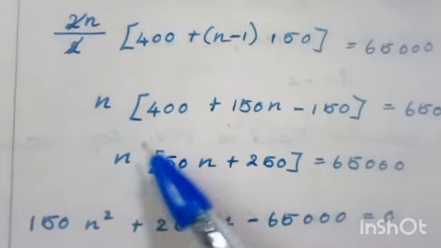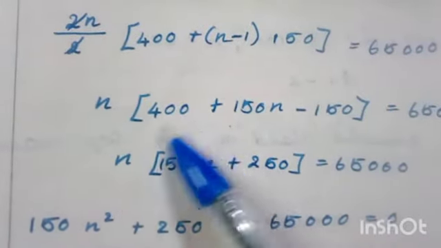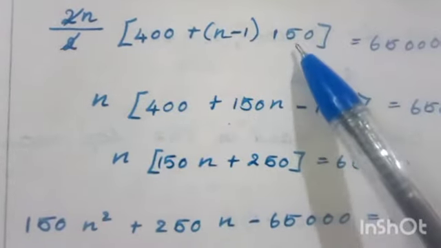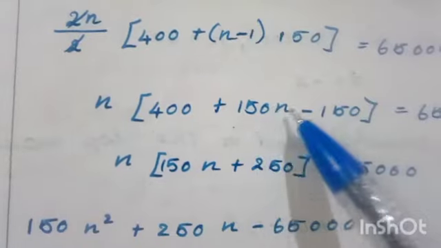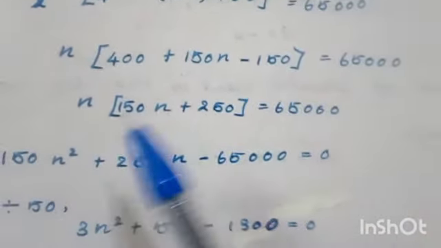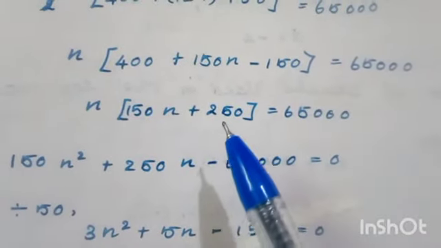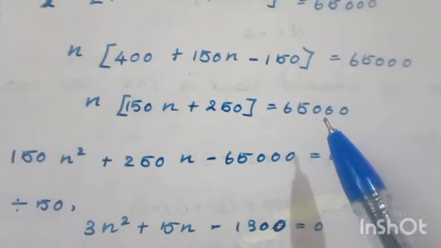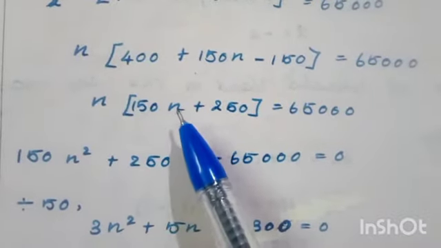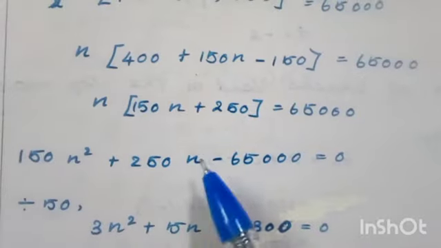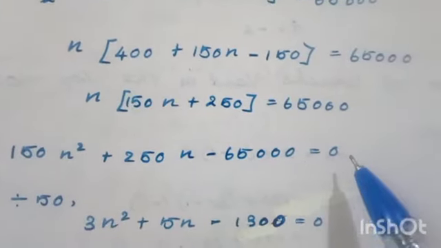So 2 cancels, remaining n into 400 plus 150 is common for both the terms, so that is 150 into n, 150n minus 150, equal to 65,000. So n into 150n plus you have to simplify 400 minus 150, that is 250, equal to 65,000. Now taking n inside, that is 150n square plus 250n minus 65,000 equal to 0.